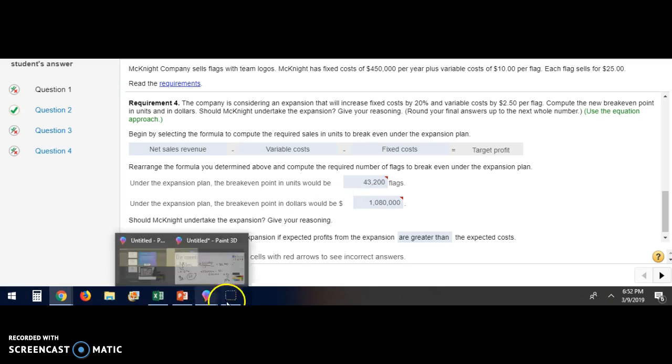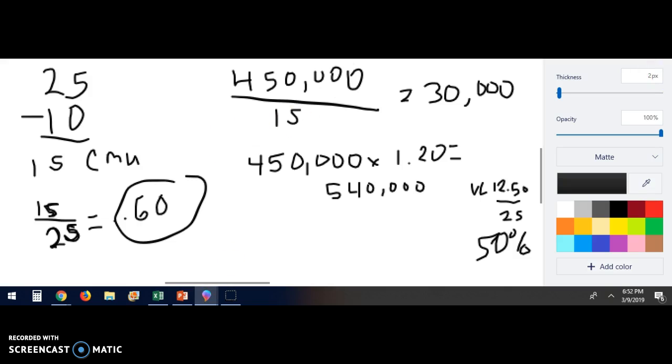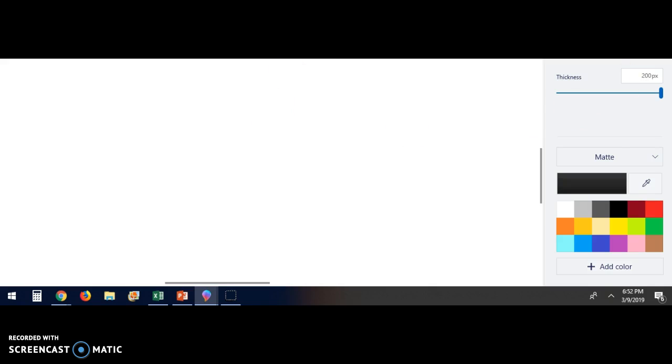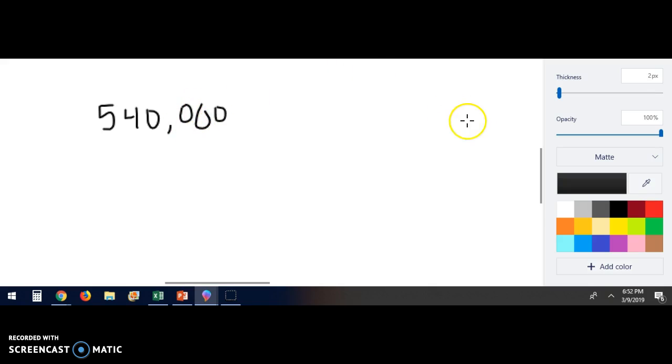The way I did this, I think I took the $540,000 divided by my new contribution margin ratio. Remember the contribution margin ratio, now our variable cost is $12.50 out of the sales price, which was $25. So our new contribution margin ratio is 0.50.